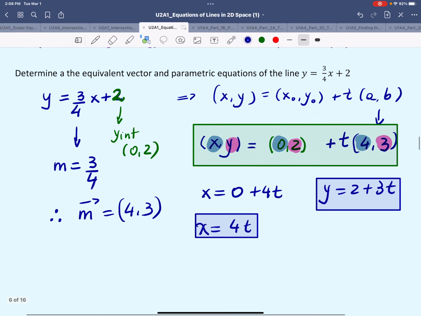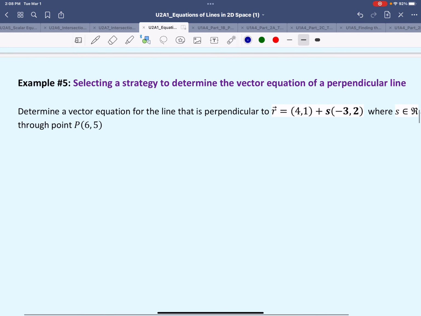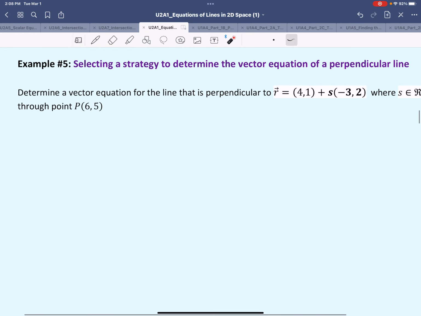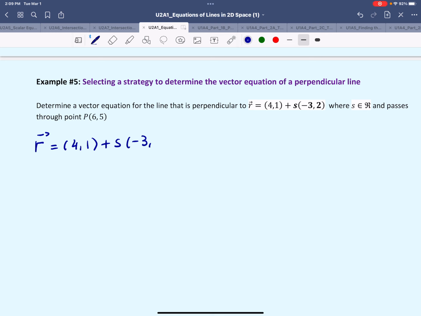Now we're going to take a look at another example. So in the next example, we have to find the vector equation of a line that is perpendicular to the given line, and it passes through the point (6, 5). So let's get started. The information given in this case is some line L with equation (4, 1) + s(-3, 2).